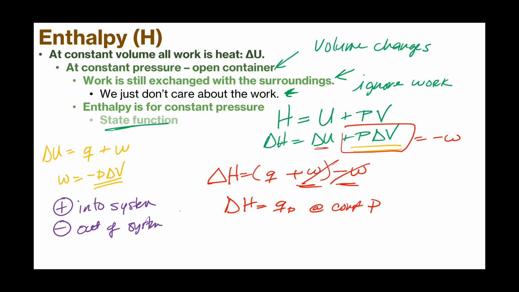We can also call these endothermic and exothermic. Positive is into the system, that's endothermic, and negative is out of the system, so that's exothermic. All of those things still apply, just we're thinking at constant pressure so we can deal with enthalpy.